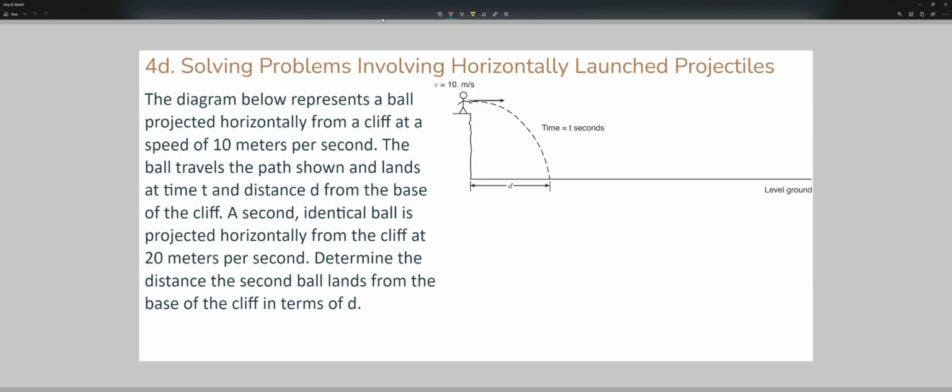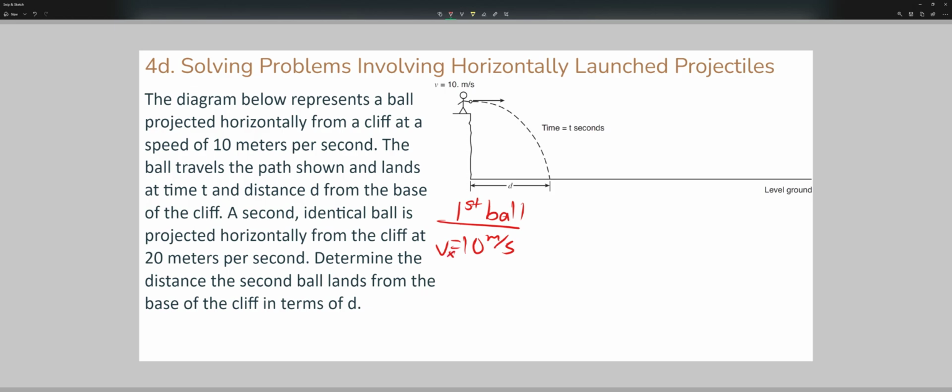All right, let's do this. The diagram below represents a ball launched horizontally, projected horizontally. So the first ball here, this is a different type of question. It's essentially a conceptual question. The first ball gets launched horizontally at this speed, right? So that's Vx.